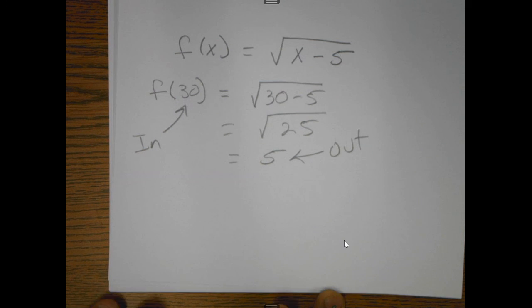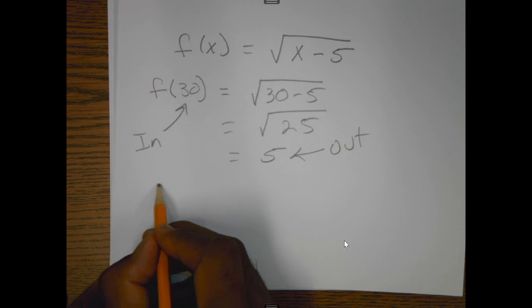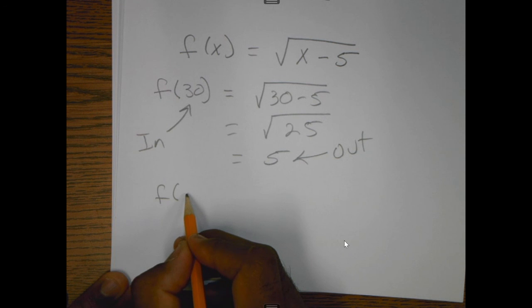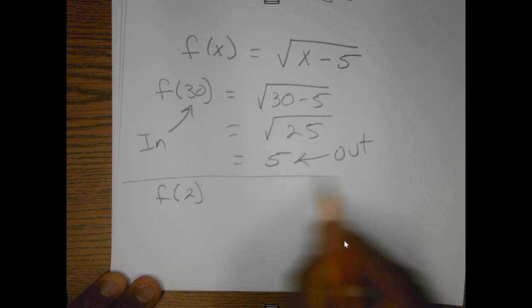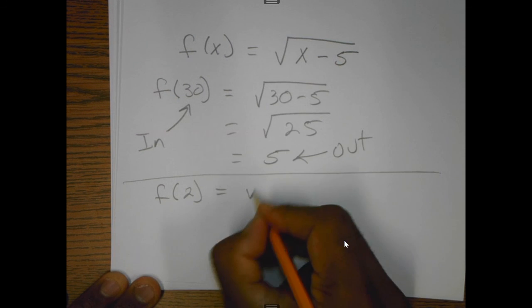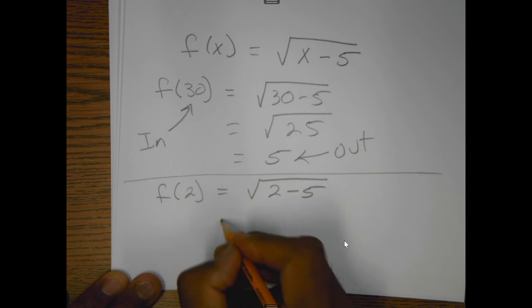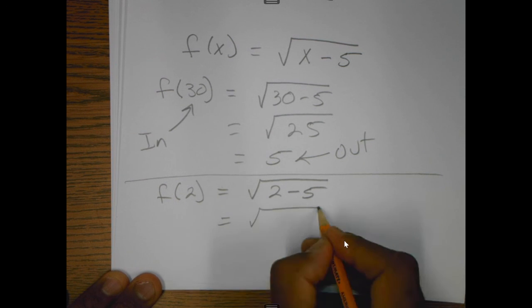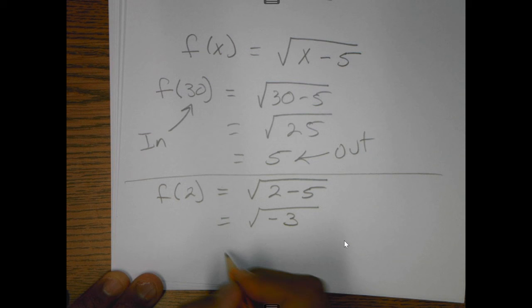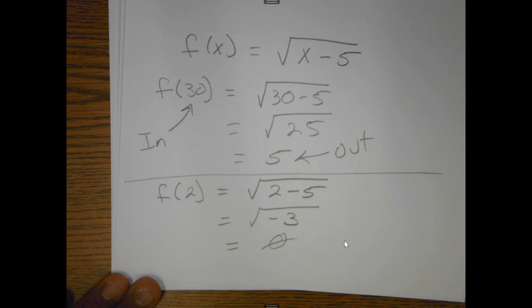What if I did another one? What if I did f of 2 for the same function? So 2 minus 5. I do underneath the square root first, and that gives me negative 3. If you remember, I cannot take the square root of a negative, so that is undefined.